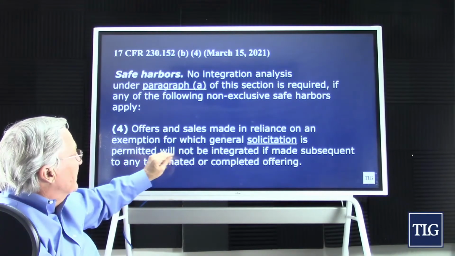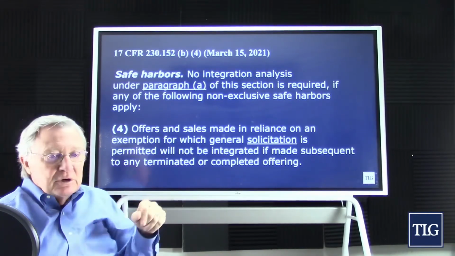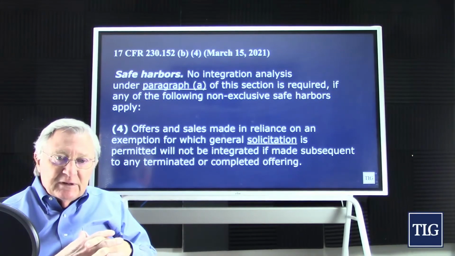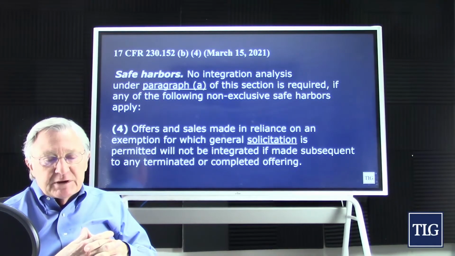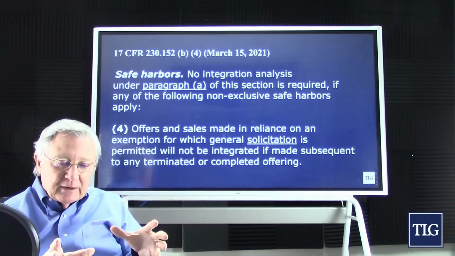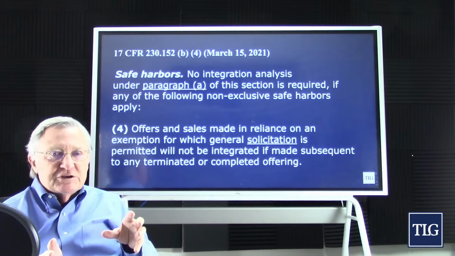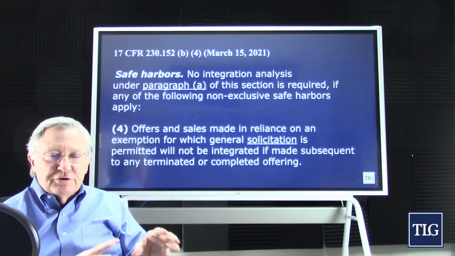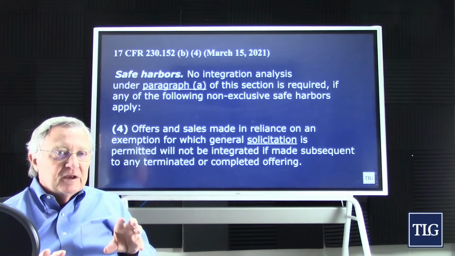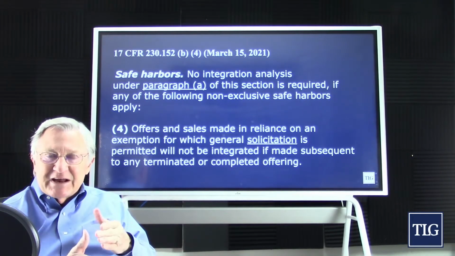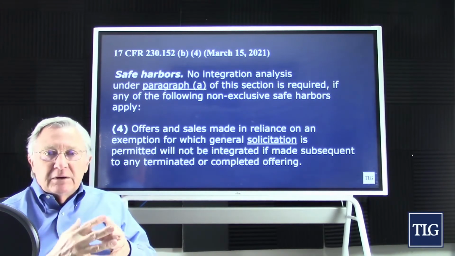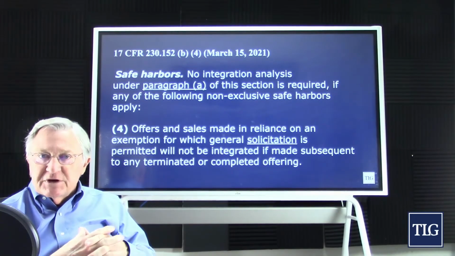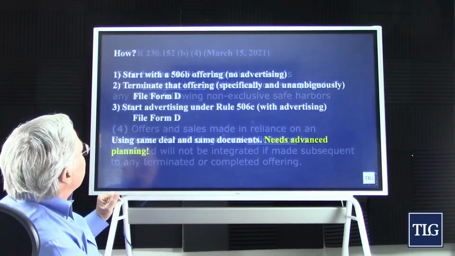Offers and sales made in reliance on an exemption for general solicitation, that's 506C, will not be integrated if made subsequent to any terminated or completed offering. So the word terminated or completed is important because that's kind of a time demarcation. And then we can do a 506C.